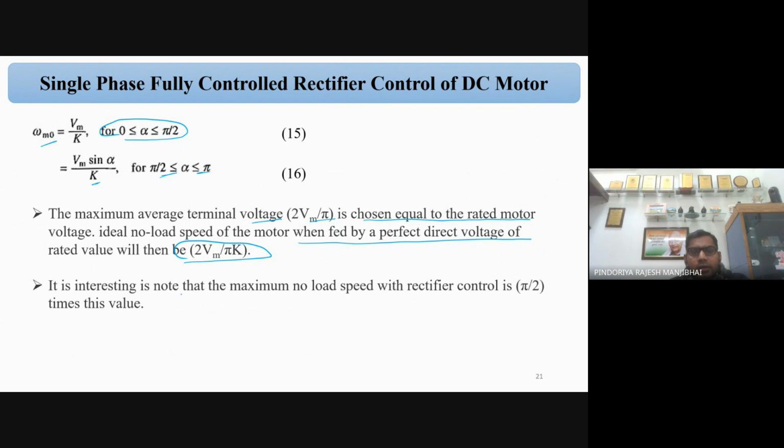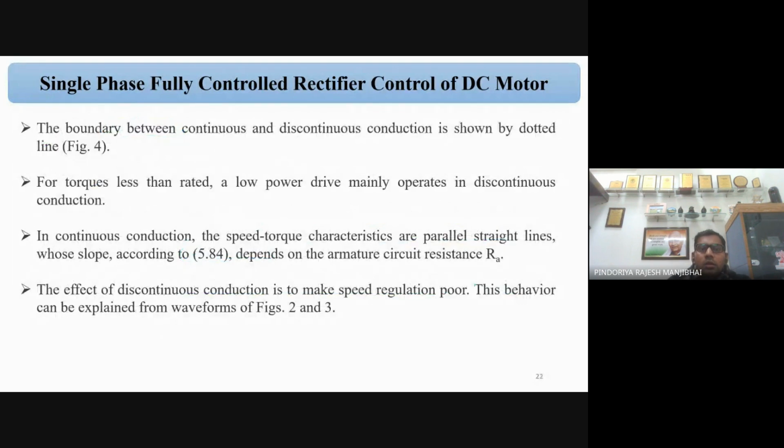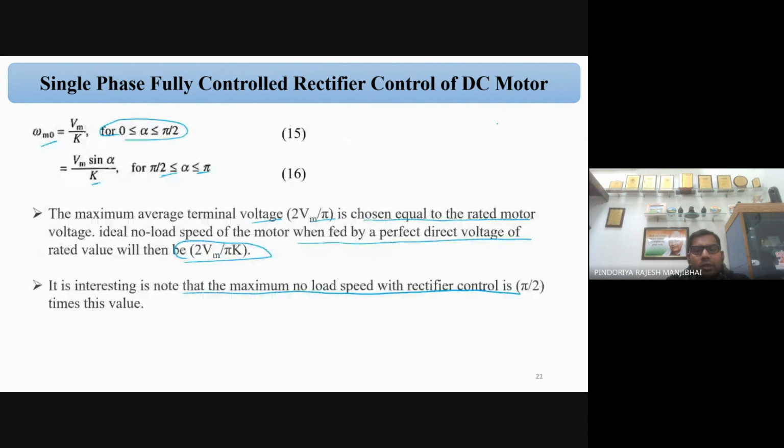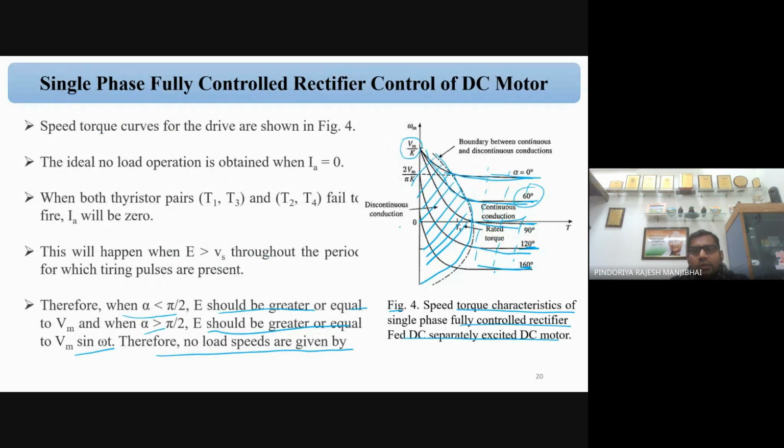It is interesting to note that the maximum no load speed with the rectifier control is at pi by 2, which is the half cycle. The boundary between the continuous and discontinuous conduction is shown by the dotted line. We already discussed the continuous and discontinuous conduction modes.